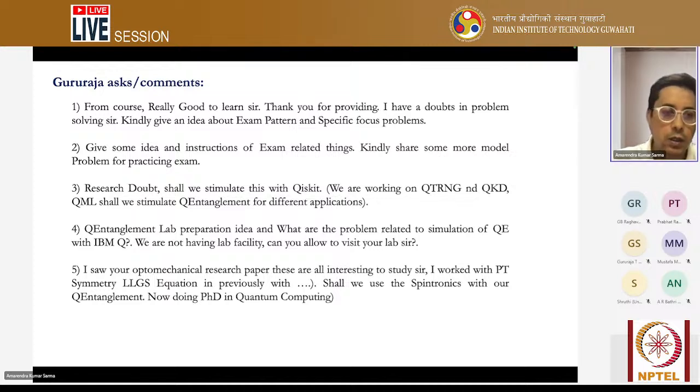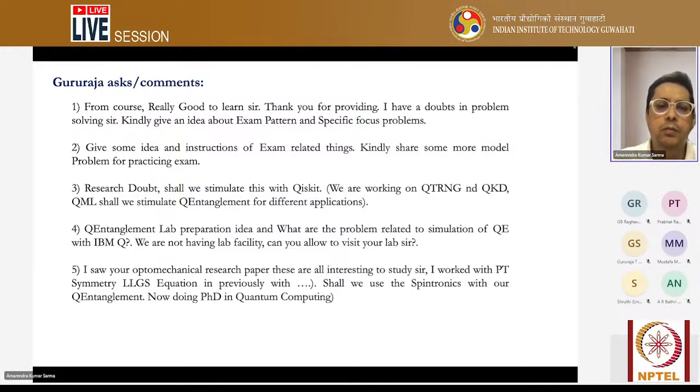And in comment number 4, you are writing about quantum entanglement lab preparation ideas and problems for simulation of quantum entanglement with IBM Qiskit. Definitely you can make quantum circuits, for example, using a lot of CNOT gates.